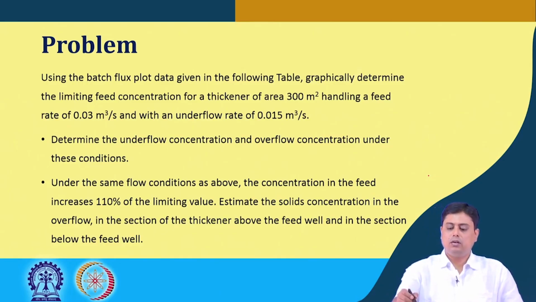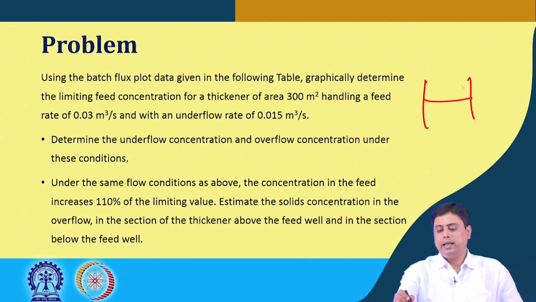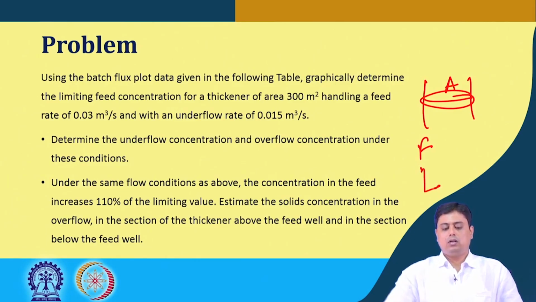So, the thickener cross sectional area is given, feed rate is given, underflow rate is given. We have to determine the underflow concentration and overflow concentration under this condition. This is the first part.